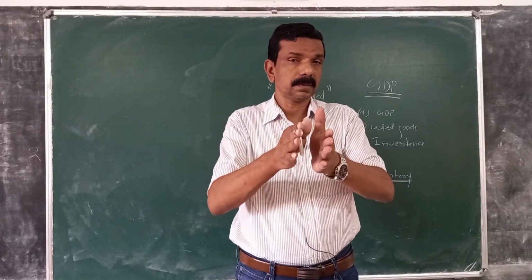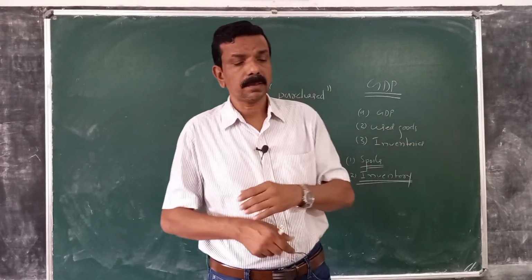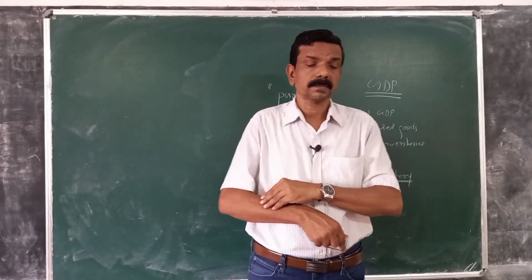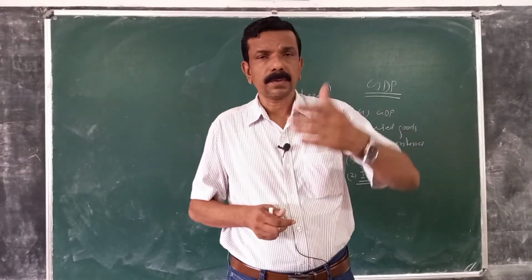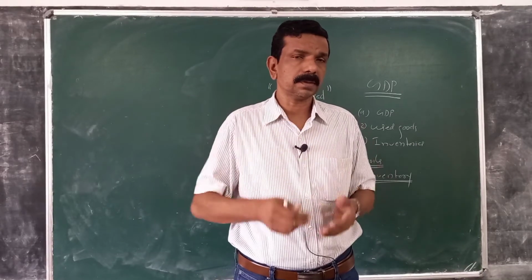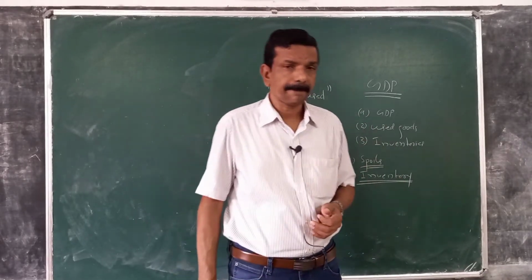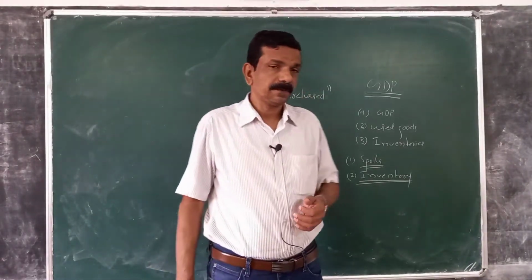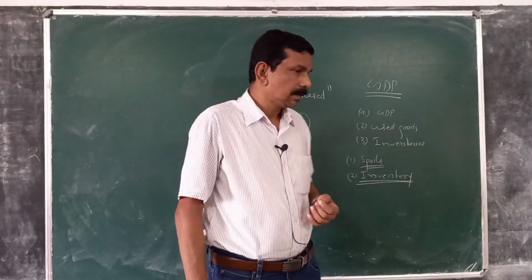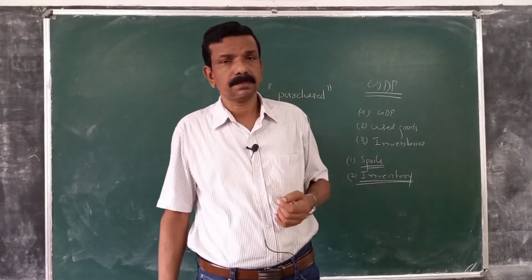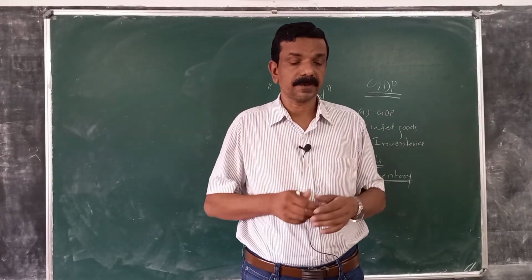So if you include intermediary goods and services, you will face the problem of double counting. So we can use either the value added approach or final goods approach to solve this problem. But as I told you earlier, two types of intermediary goods are included in calculating GNP. One is business fixed investment, purchases of plant and machinery. Second is inventory investment.